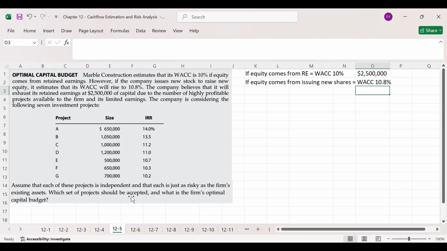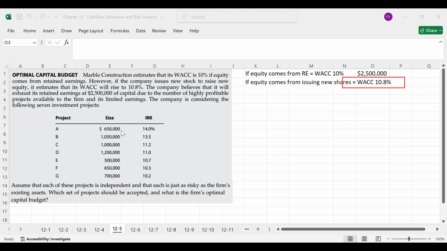So this is the first part of the problem, which projects should be accepted. As we have discussed in the slides, those projects whose IRR is higher than the weighted average cost of capital should be accepted. In this case, the weighted average cost of capital is 10.8%. So now we are going to select those projects whose IRR is more than 10.8%.